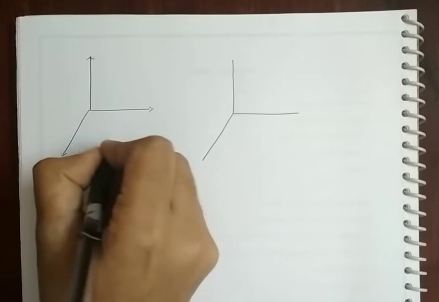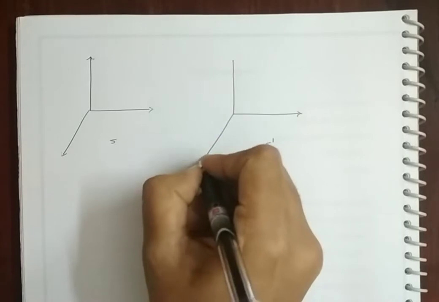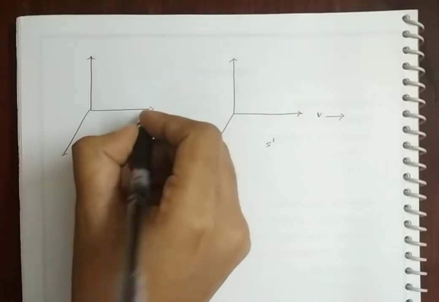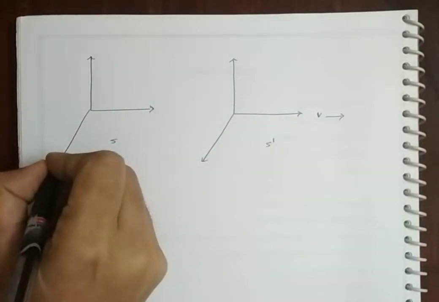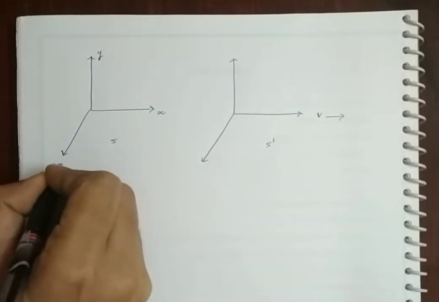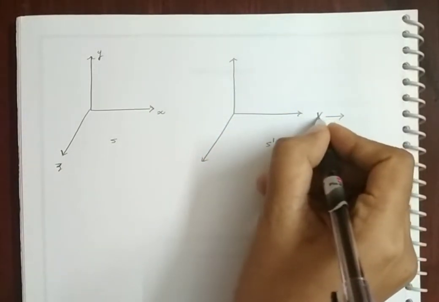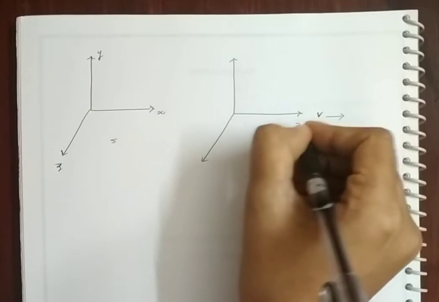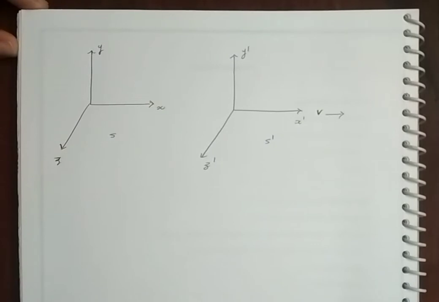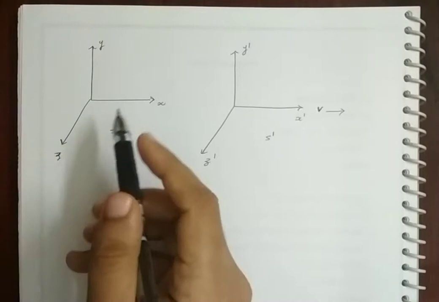The first frame is S, which is at rest, and the second frame is S prime, which is moving with a velocity v with respect to the first frame S. The coordinates of the first frame are x, y, and z, whereas the coordinates of the frame moving with velocity v are x prime, y prime, and z prime. These two sets of coordinates are connected through the Galilean transformation.